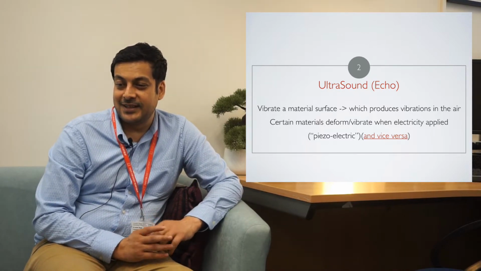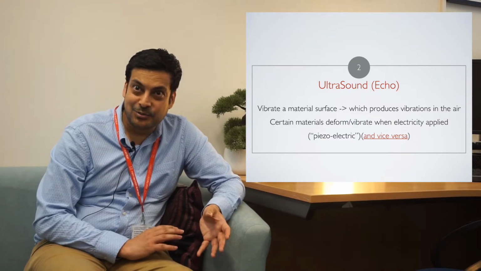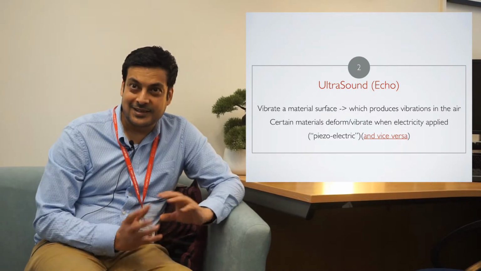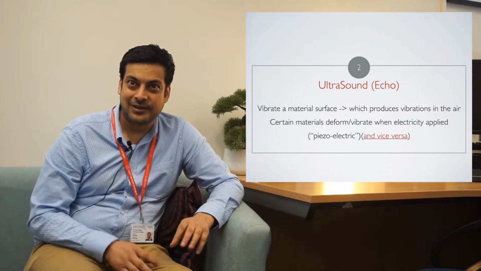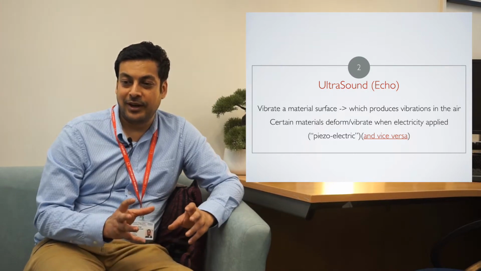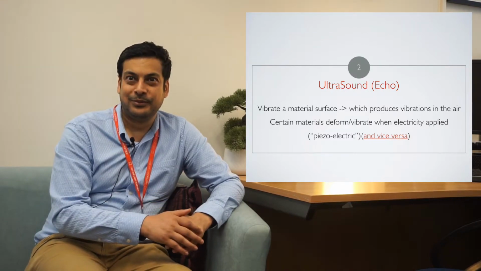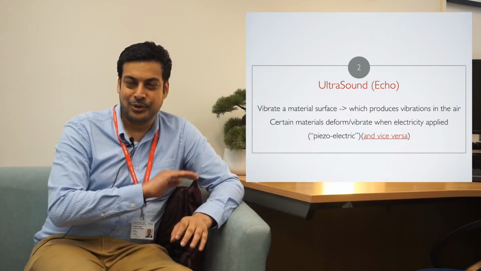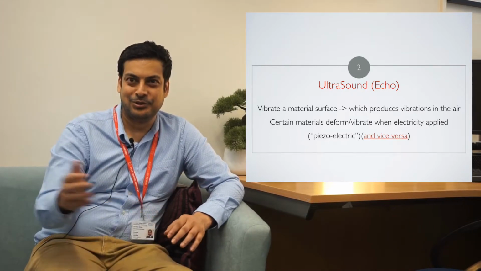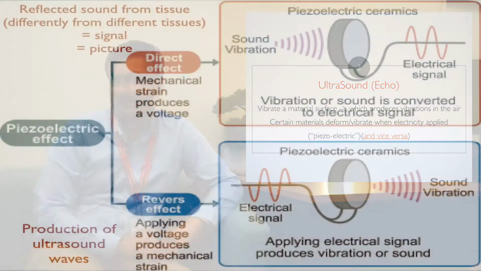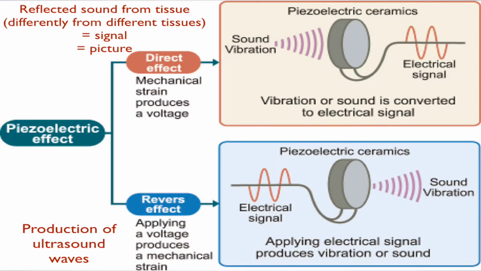What's important to understand is that it works the other way around as well. So if you take a sound wave and shoot it at the material, it will generate an electrical waveform from the sound wave, just as putting an electrical waveform into the material will generate a sound wave at the other end. So if we look at that in this diagram, the piezoelectric materials, if you look in the bottom right of the diagram, we put in some electricity into these materials.